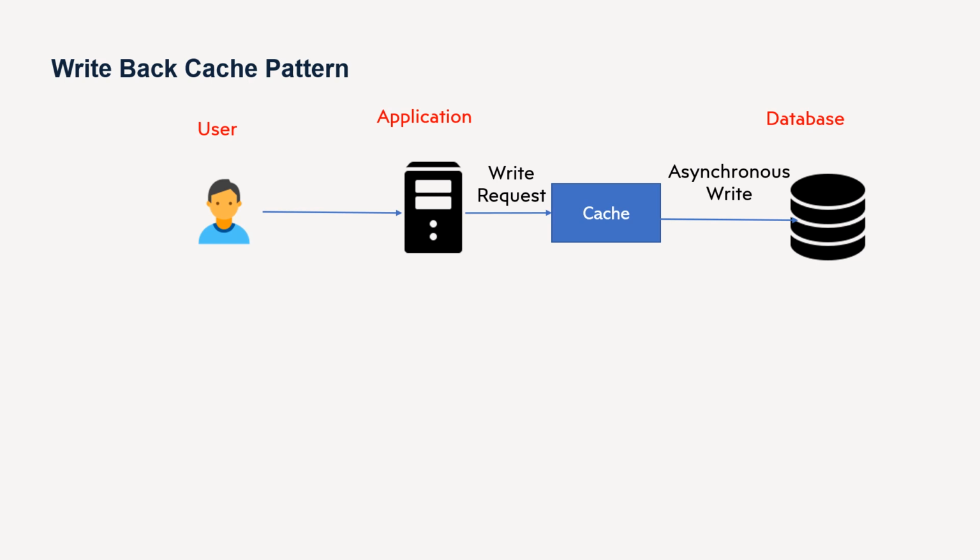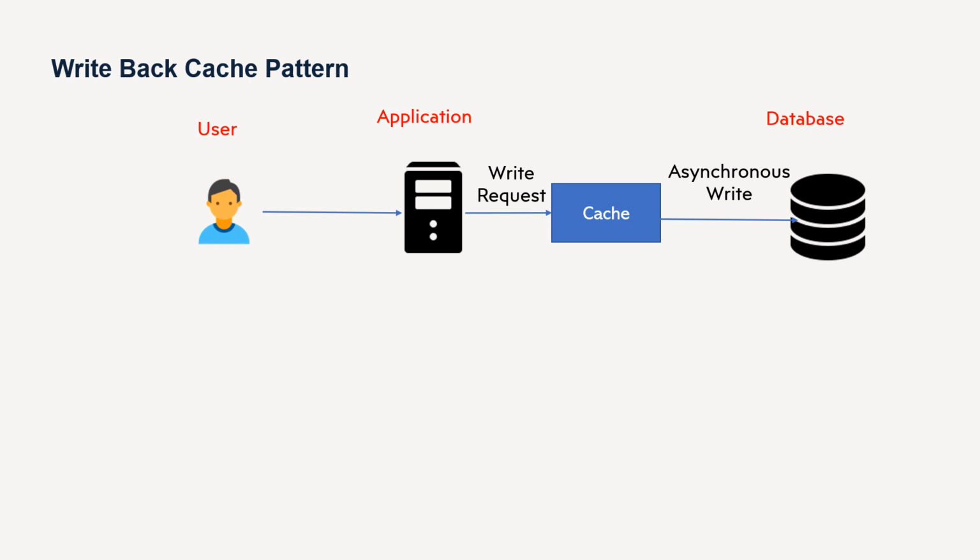Now, this one is basically the write back cache pattern. In this, writes are happening to the cache, but the cache is not going to write to the database at the same time. It's going to batch that data and asynchronously update the database. So at some point of time, the cache is not in sync with the database, but the cache has the values which are most up to date.